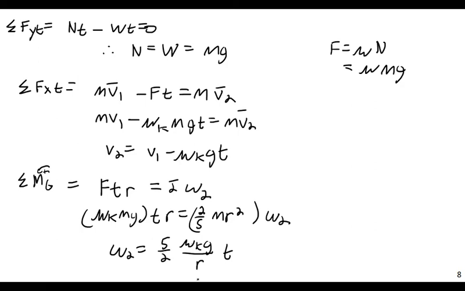All right, then the only thing left to do is apply some basic kinematics and solve for t. By definition of my relation of linear and rotational velocity, v2 is going to be equal to r omega 2.